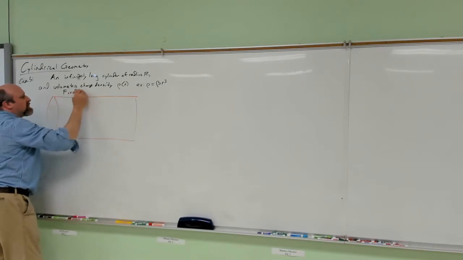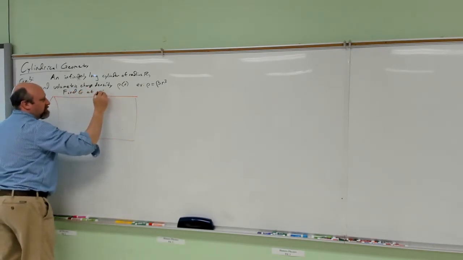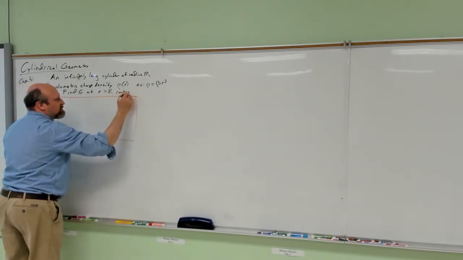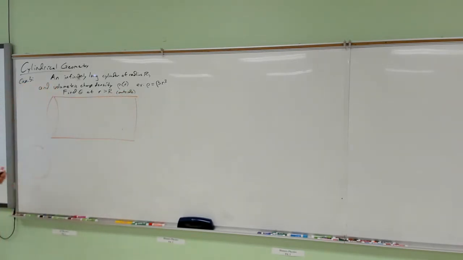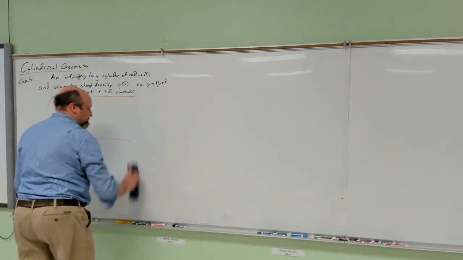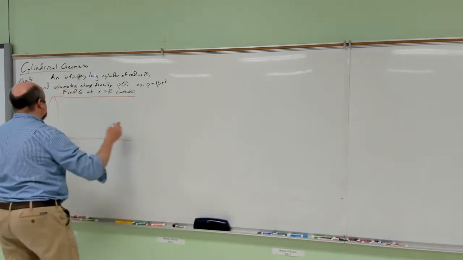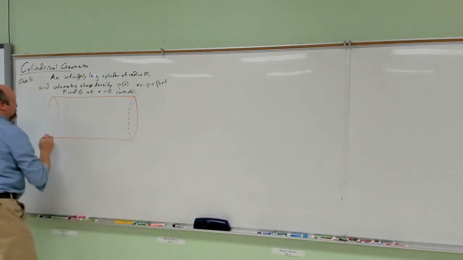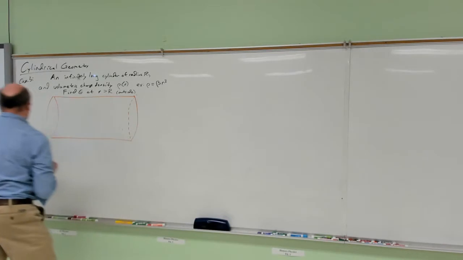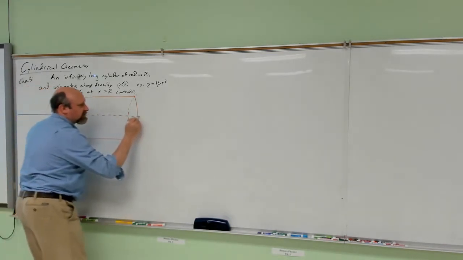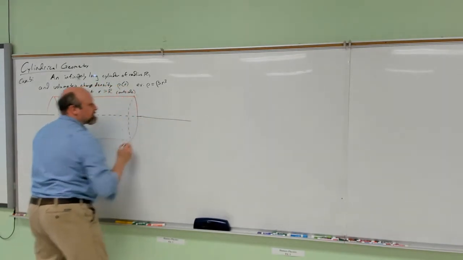And we want to find E at r greater than R. So outside. We'll do inside the cylinder for our next case. All right? So what does this look like? So first off, keep in mind that this cylinder does not end here, right? This cylinder goes on out to infinity. If I draw my coordinate axis on the axis of the cylinder, you know what I'm saying?